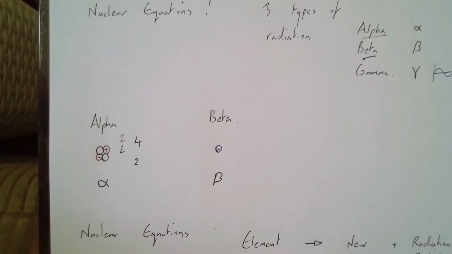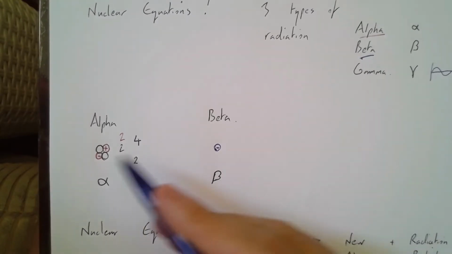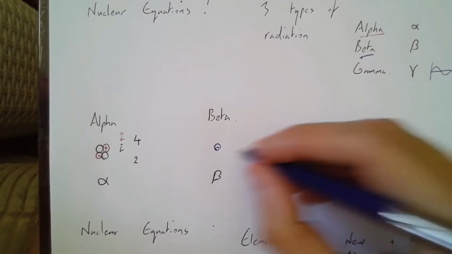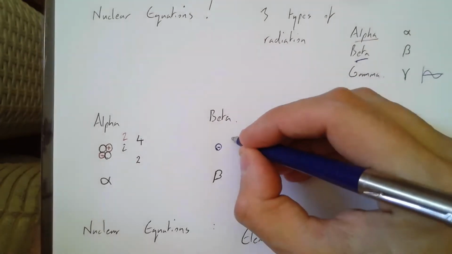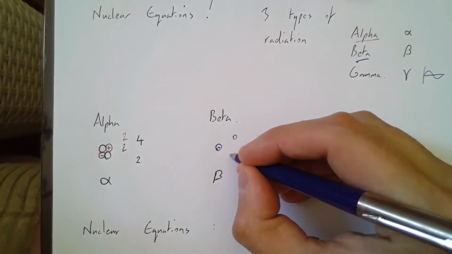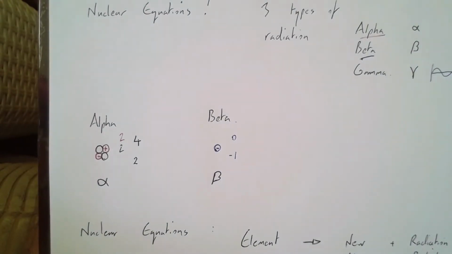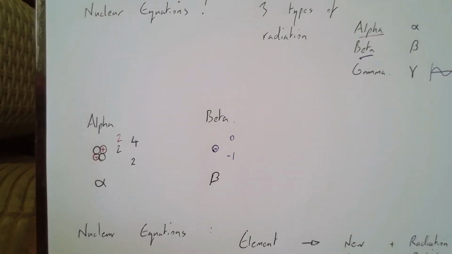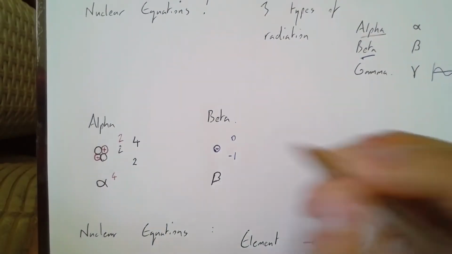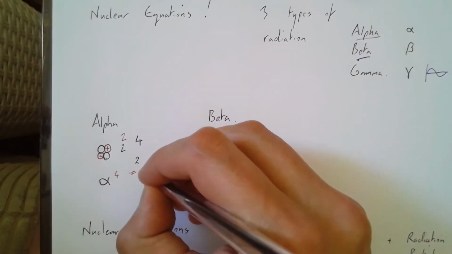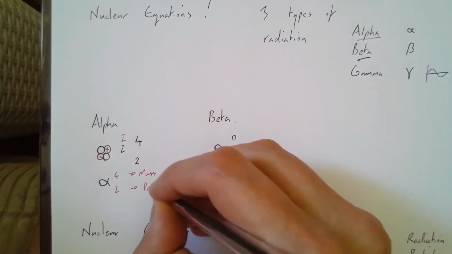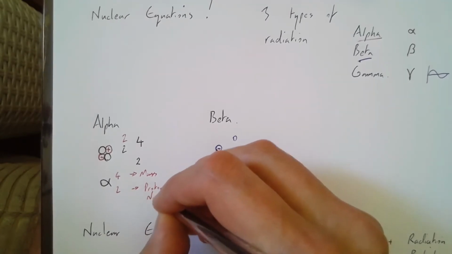Now, beta particles, they're not made up of either protons or neutrons, they're made up of electrons, and that means that they have no mass, but they do have a charge of -1. So whenever you write an alpha particle, you'll have your alpha symbol, you'll have 4 at the top for its mass, and you have a 2 at the bottom, which is its proton number.